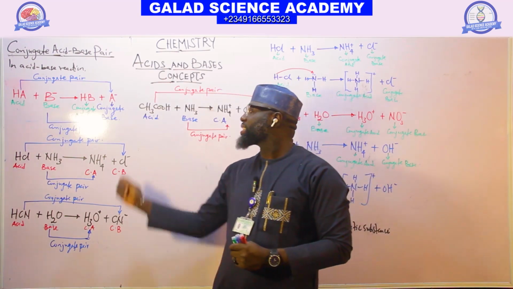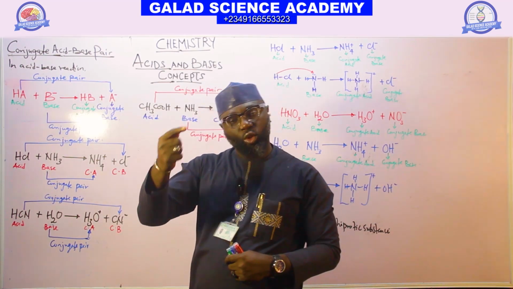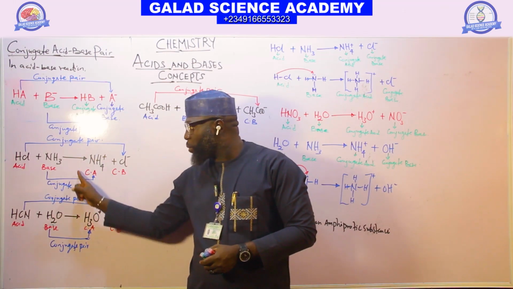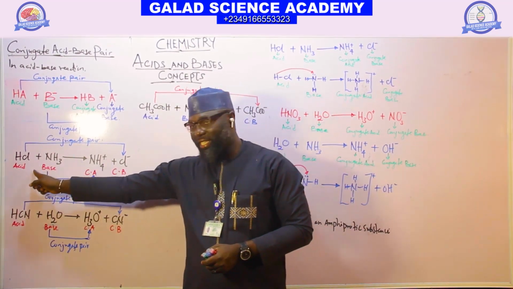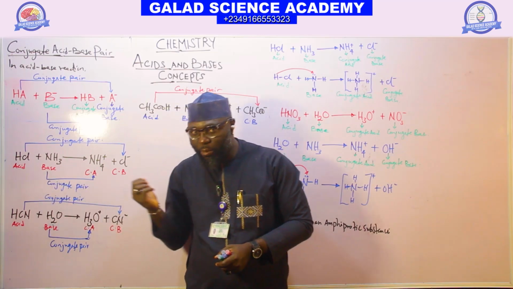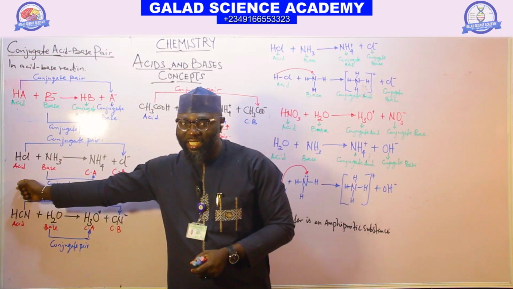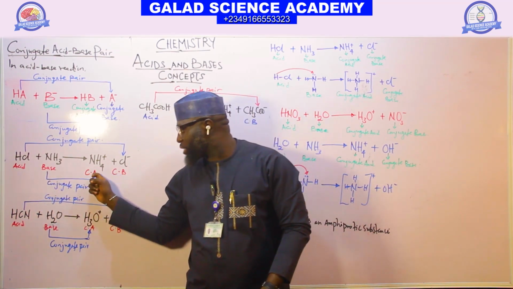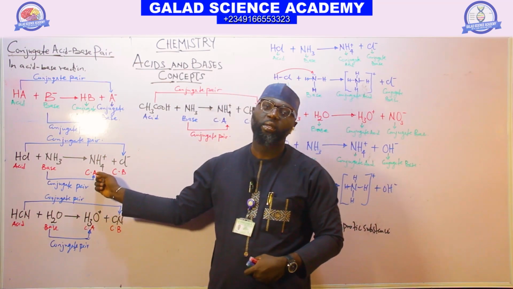The conjugate acid is formed when the original base accepts a proton from the original acid. But the conjugate base forms when the original acid releases its proton to the base.